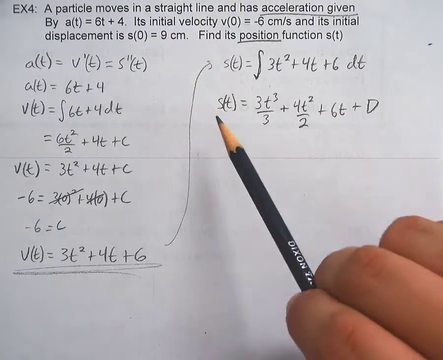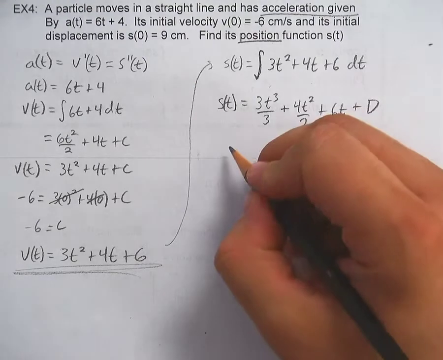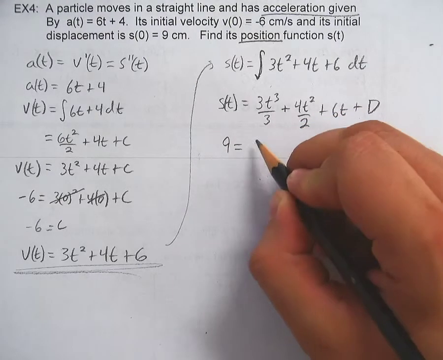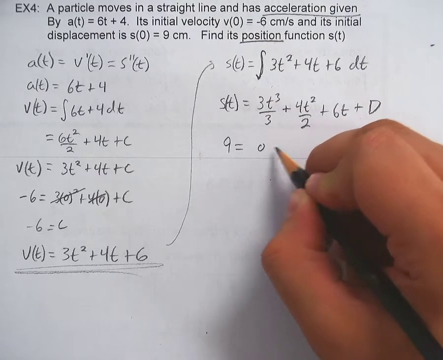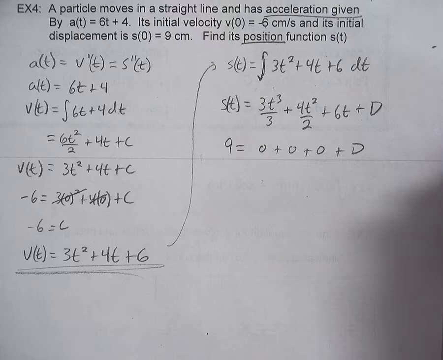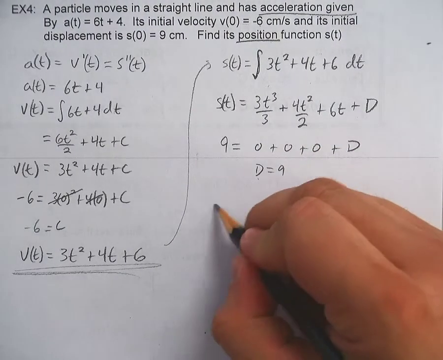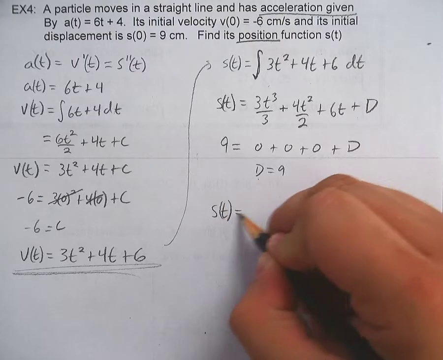So if I plug a 9 in for s of t and a 0 in for t, I should figure out what d is. 9 is equal to 0 plus 0 plus 0 plus d. Well, that's easy. So d is 9.